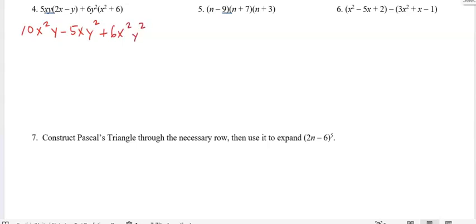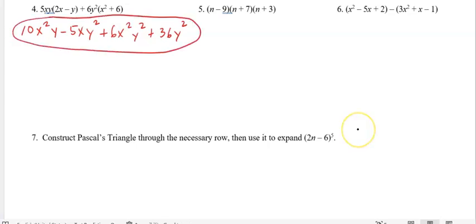Just write your variables alphabetically within a term. And then 6y squared times 6 is 36y squared. And then you should always look for like terms, and I don't see any like terms. So this ends up being your final answer to number 4.